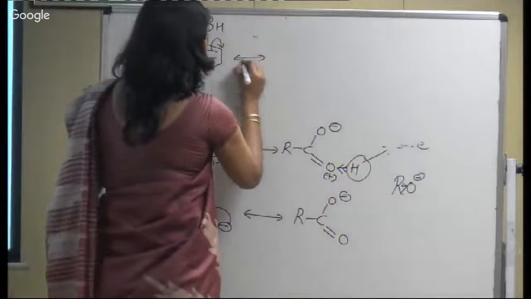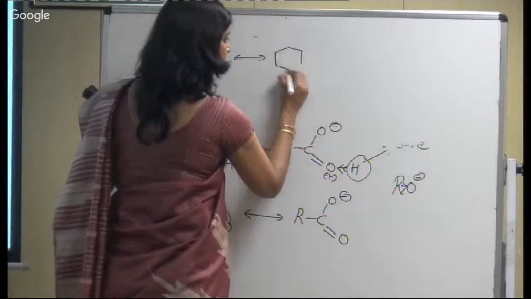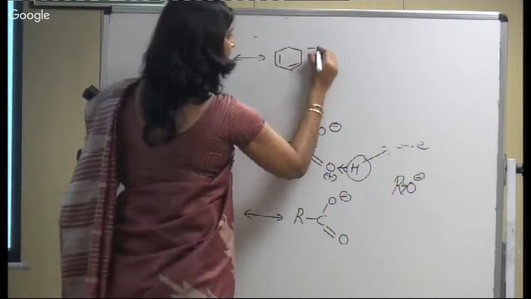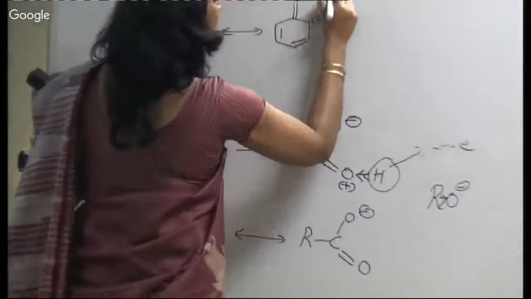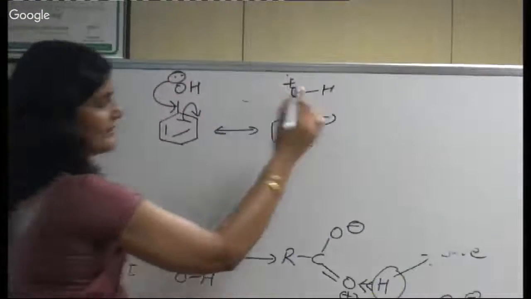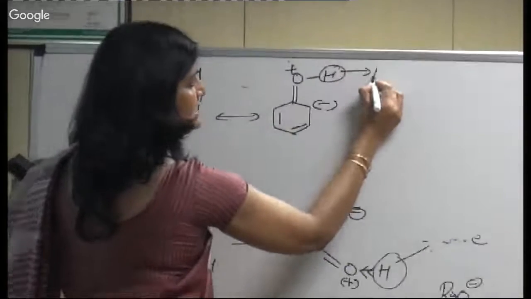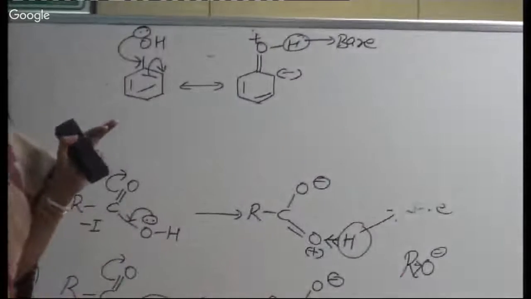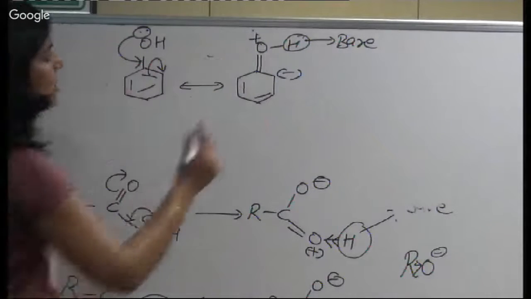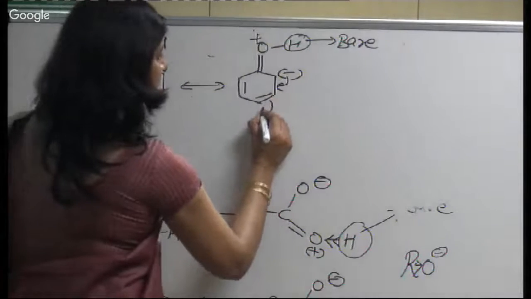Because of which, again, oxygen acquires a positive charge, right? And because of this positive charge, what happens? Again, oxygen will withdraw electrons from the OH bond. And again, this proton gets bare and it can be easily lost, right? So that is the reason for the acidity of phenols also.